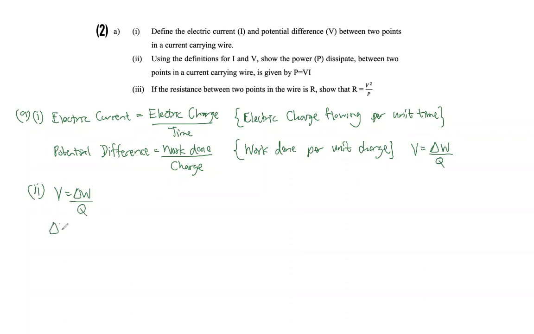Work done is equal to QV. Just like the previous question, we divide by time. Dividing by time, you will get delta W over T, that is work done over time, equal to charge over time into V. Work done over time is power, charge over time is current, IV. Power is equal to IV.